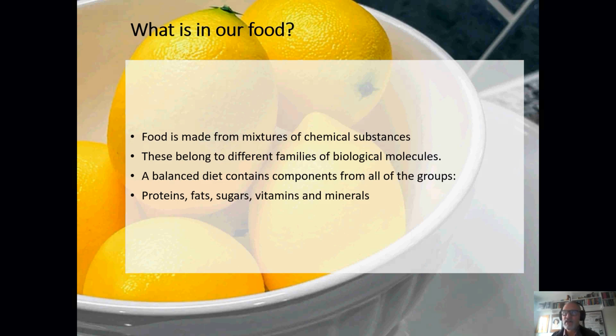We have lipids, fats, which are also vital to our health because every single cell has a membrane, and in order to do its job, the membrane has to have the correct composition.